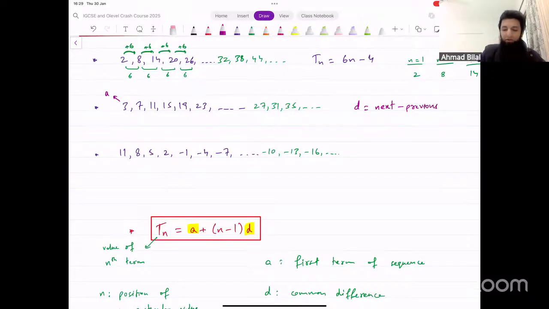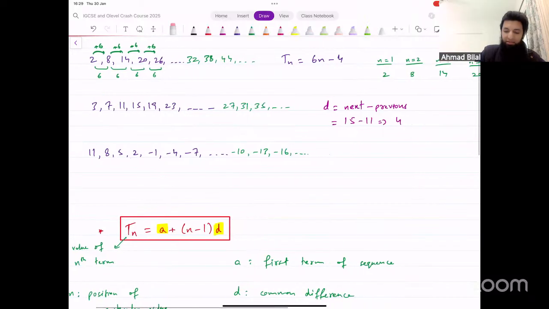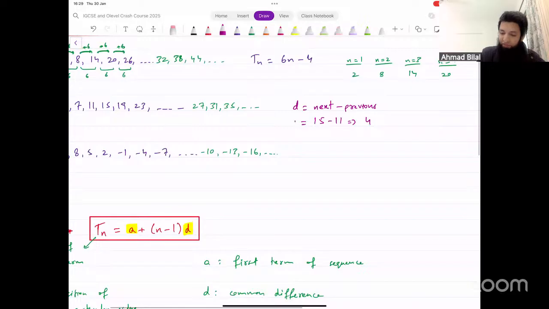If I take these two consecutive terms, this is the next term, this is the previous term. So I'll be doing 15 minus 11, which in this case turns out to be 4. So for this second sequence, the difference is equal to 4.